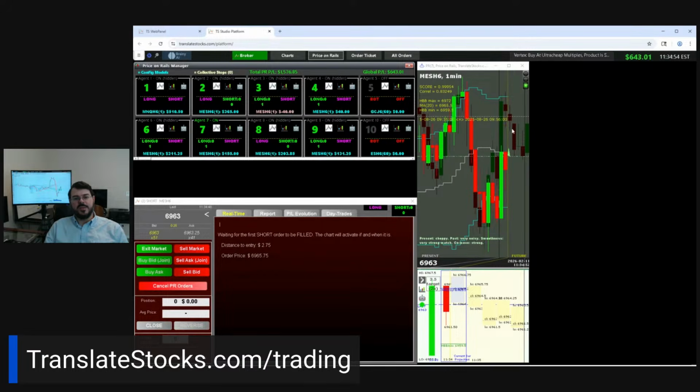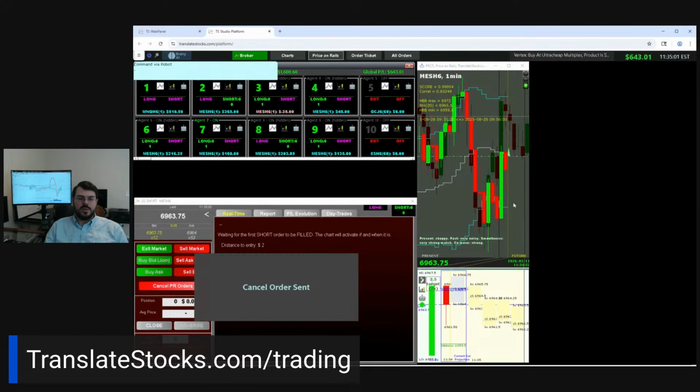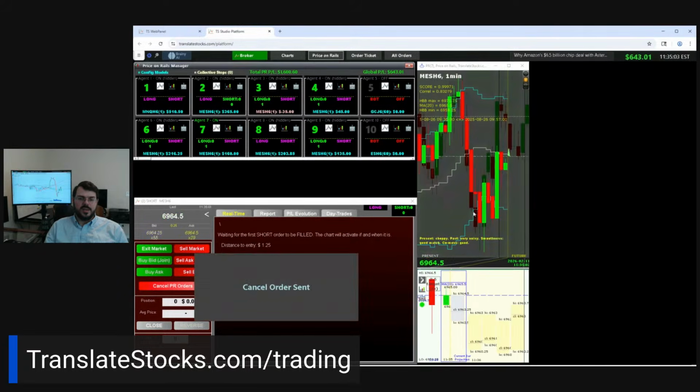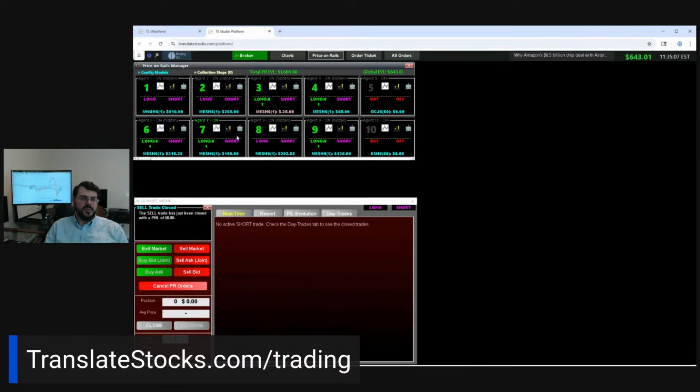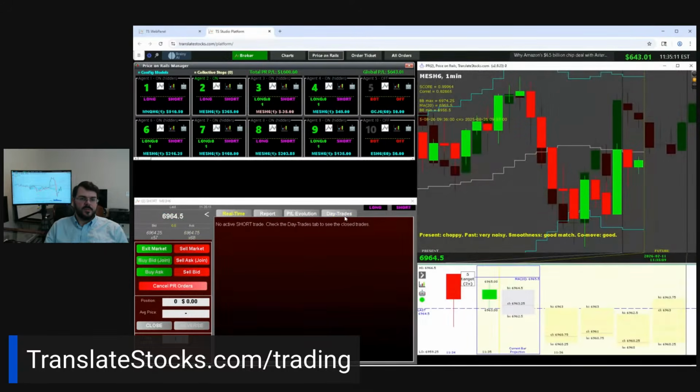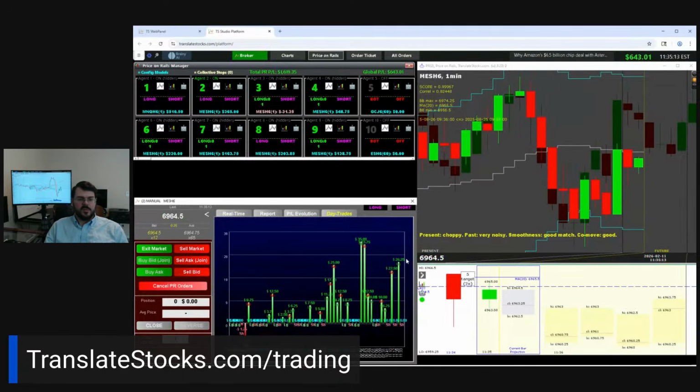If you have this, you have a live order, and this is the take profit. Other entries or the stop loss will appear as other dotted lines here. The order was canceled now. It was another missed order. So we have another missed order here.